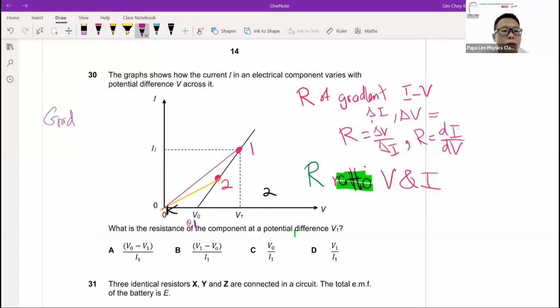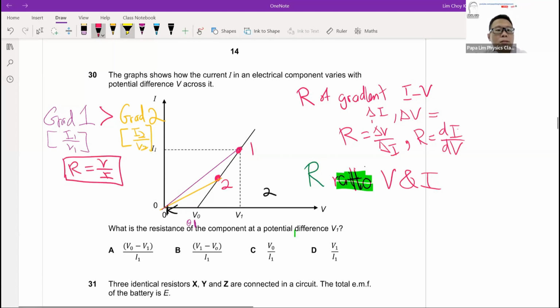is steeper than line 2, which means the gradient of line 1 is bigger than the gradient of line 2. Based on this question, the gradient in this case refers to I1 over V1 and I2 over V2.